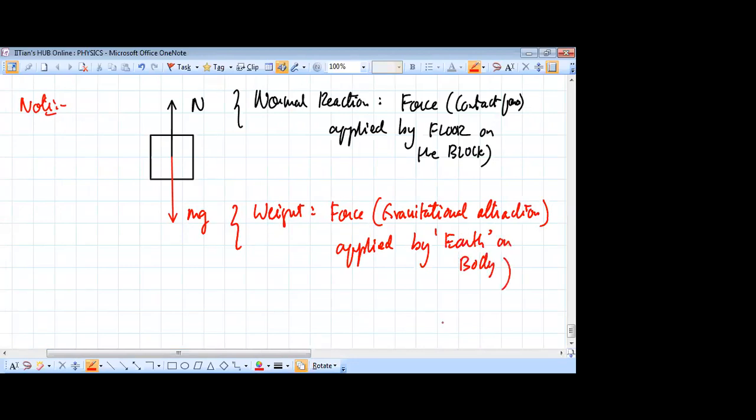So how can they be an action reaction pair? This mg is a force applied on the body by the earth, and this is a force applied on the body by the floor. So they are not an action reaction pair.